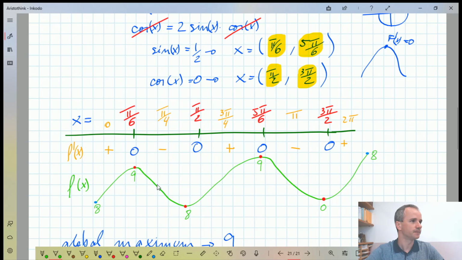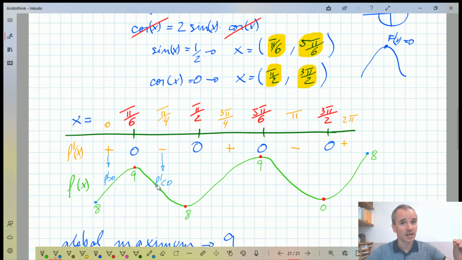Let me put it in here. You see, the derivative is positive in here, the derivative is negative in here, because of that sign, okay? That is a sign.